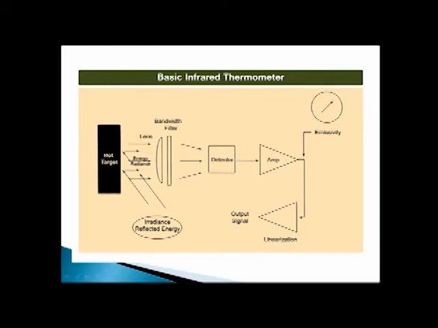Using various infrared filters, an optical lens system focuses energy to an infrared detector, which converts the energy to an electrical signal. This electrical signal is compensated for emissivity, typically manually, through linearization and amplification in the instrument's processor, and an analog signal is output.